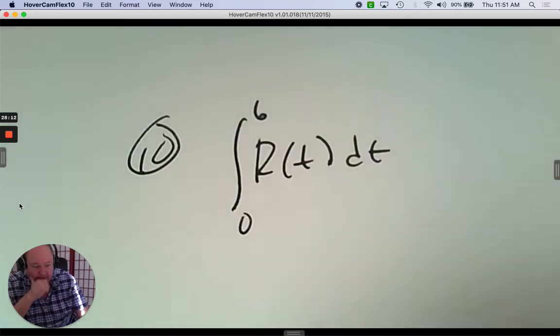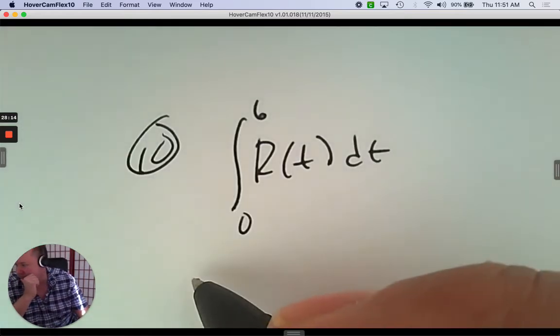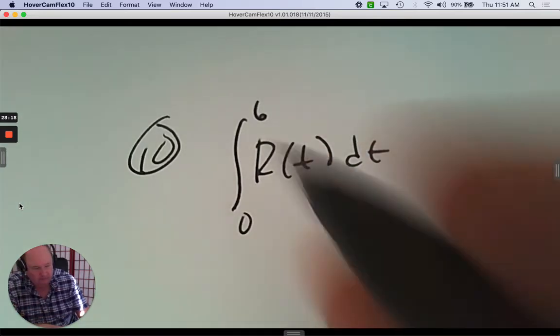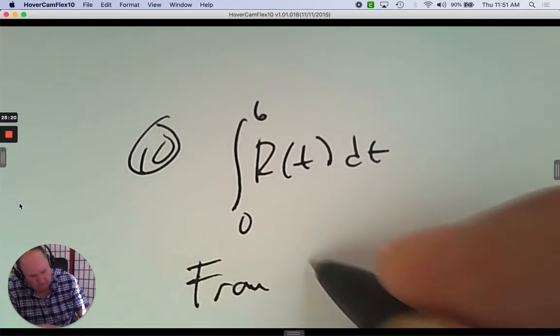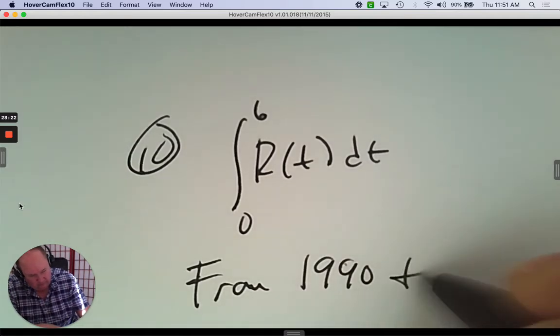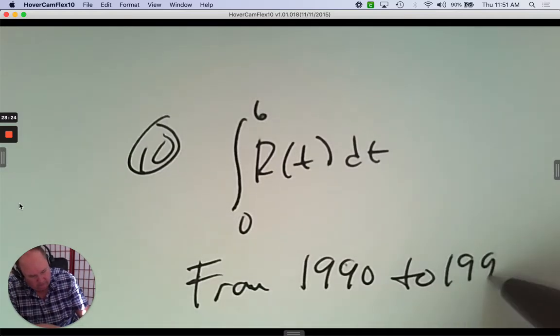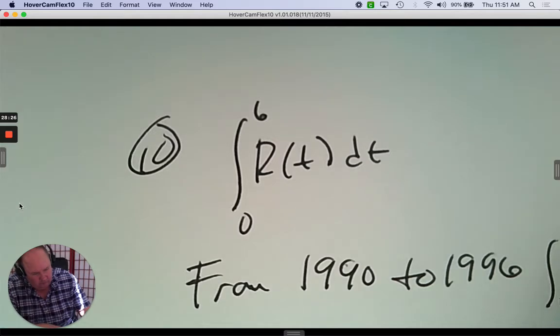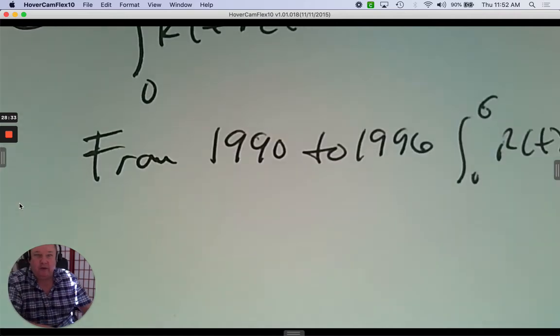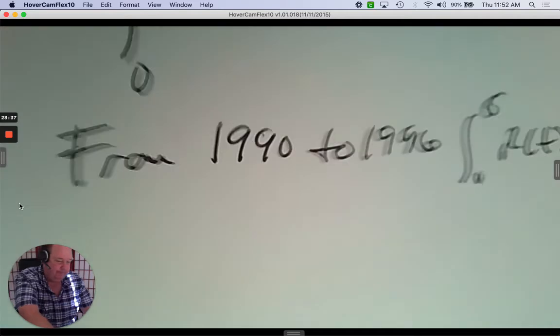It would be the years from year 0 to year 6, or the 6 years. So the integration of that rate would be the actual amount of coal production, not the rate.